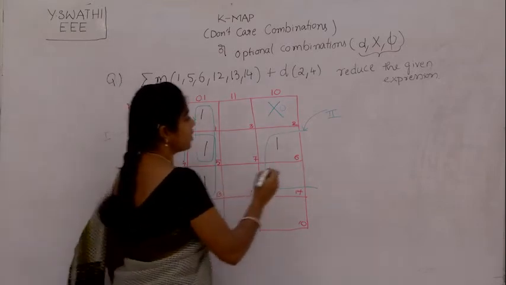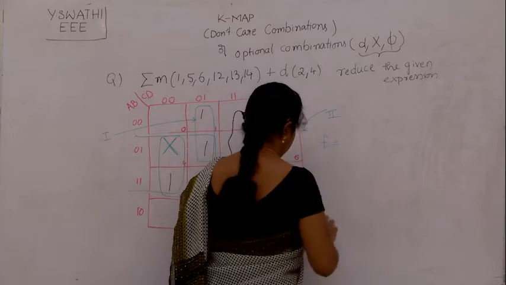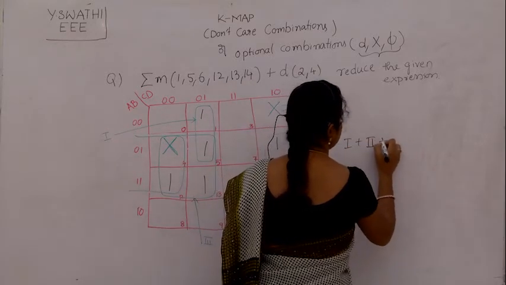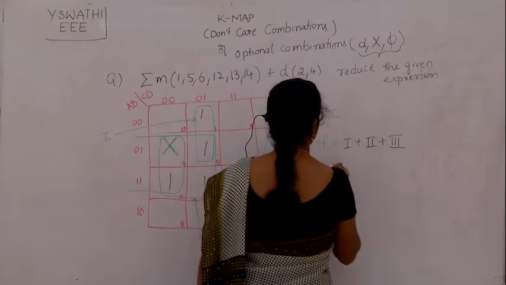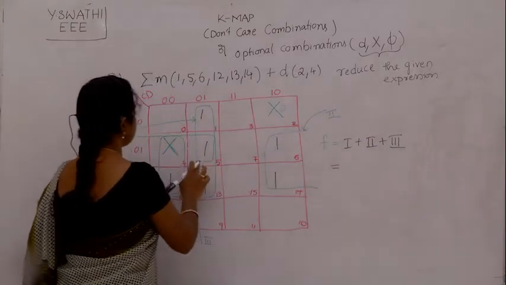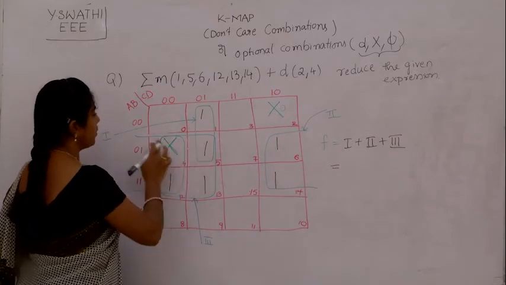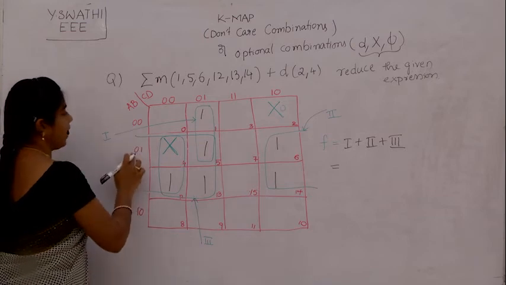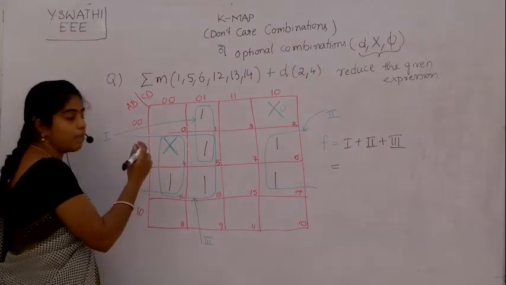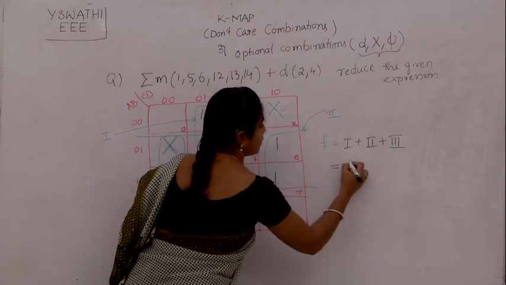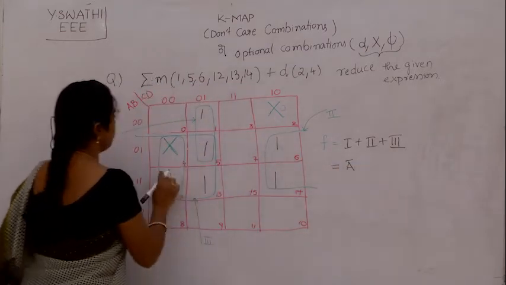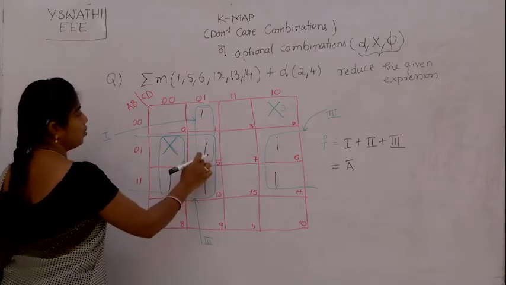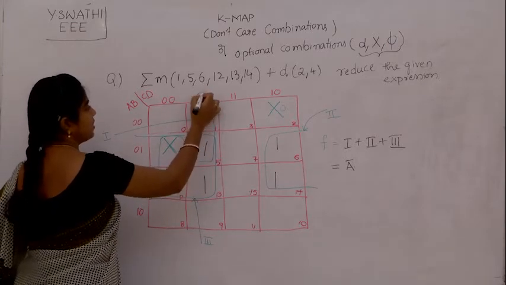So what is our reduced expression? F is the combination of the 1st plus 2nd plus 3rd. Now for the first prime implicant, the constant literal which is not changing is A, in 0 form, that is the complemented form, A bar, dot, and in this group C and D are not changing.